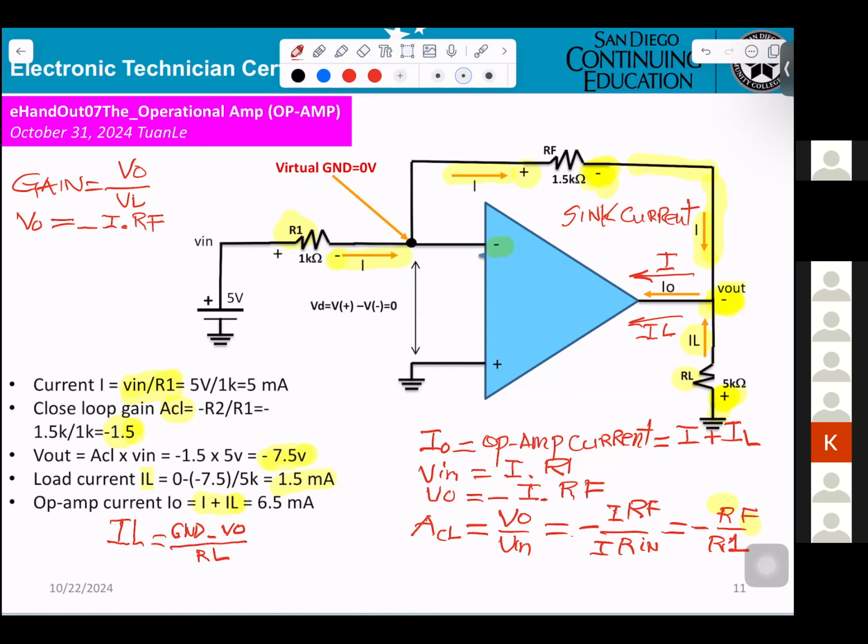Okay, now if you're not using RAW minus VO, then you can get minus VO divide IL, right? So minus VO. Basically, VO will be a minus, okay?